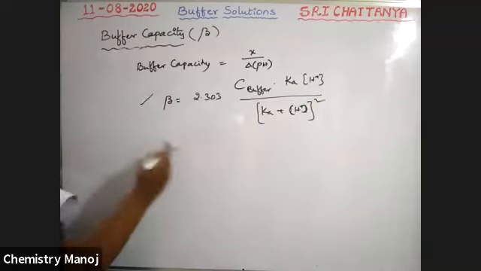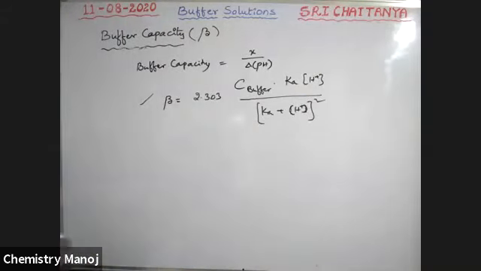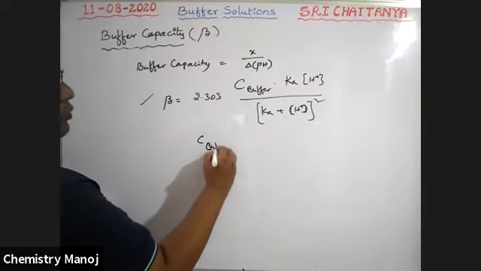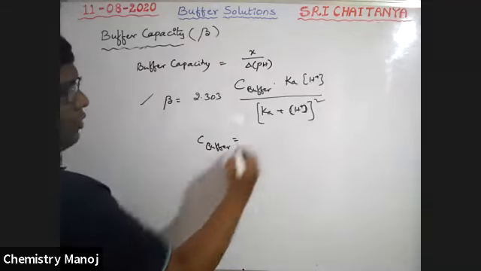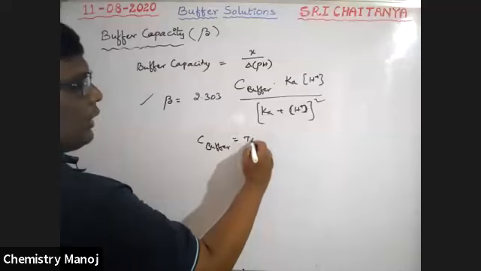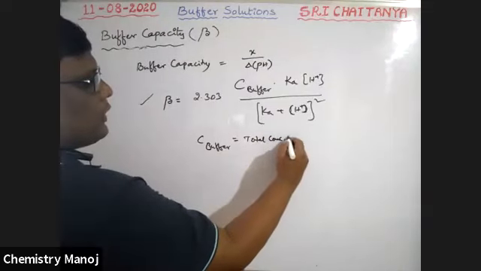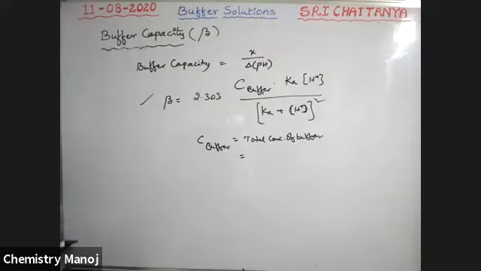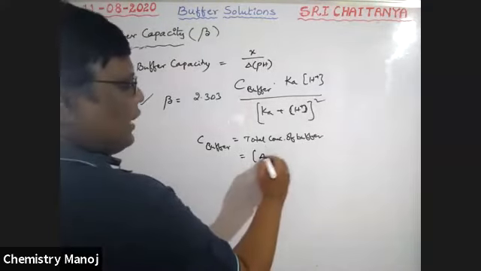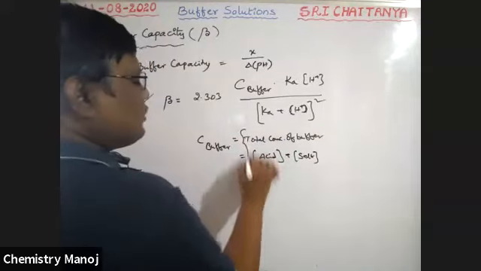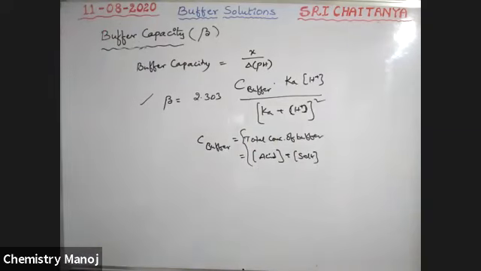It is another way, and if H plus concentration is given to you. Okay. Next, what is this C buffer? That is nothing but total concentration of buffer, that is concentration of acid plus concentration of salt, which is nothing but total concentration of buffer.